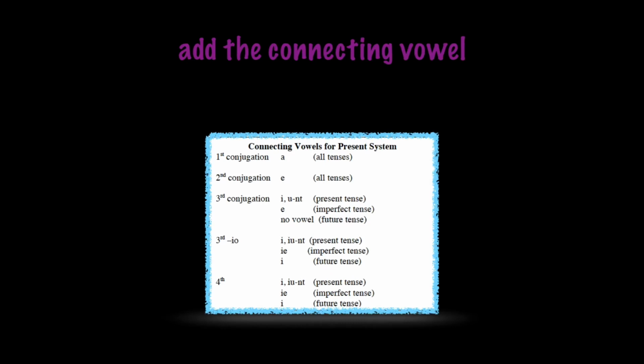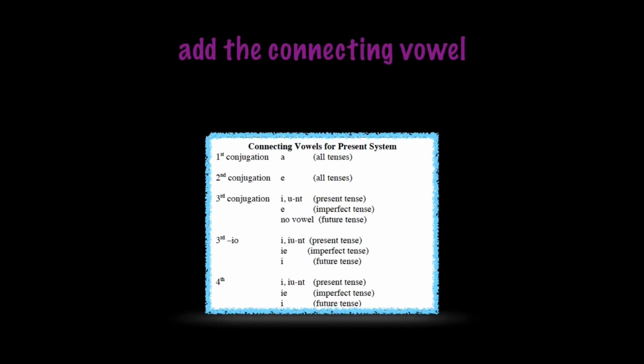We'll talk about how to identify the conjugation of a verb momentarily. You'll notice in the center and on the right side of the box that the connecting vowel is listed, and we are told what tense this specific connecting vowel is used for.